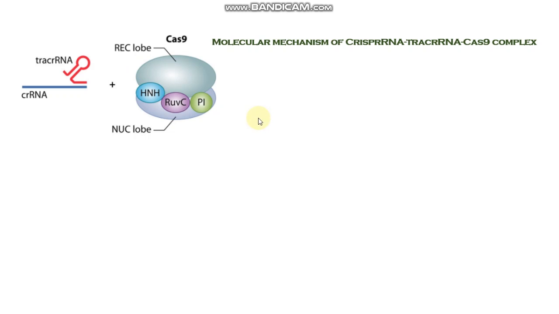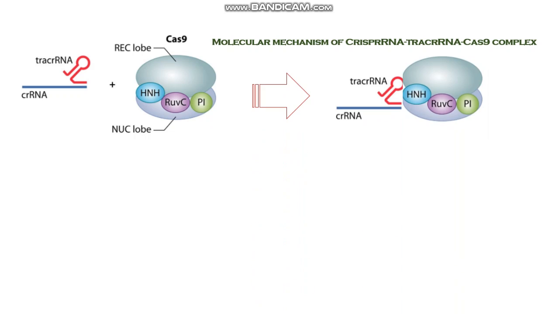HNH and RuvC are responsible for attaching the DNA and cleaving the two different strands of the DNA. And the PI domain recognizes the PAM sequence. Then it forms the tracrRNA, CRISPR RNA and Cas9 complex.